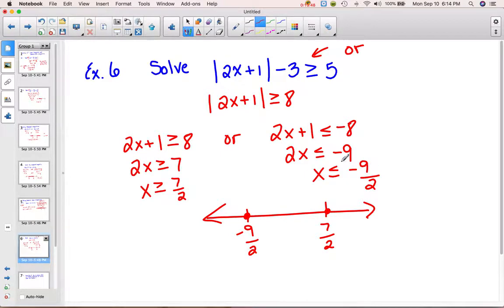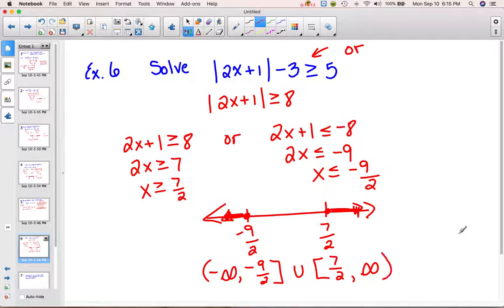And I need to be less than the negative 9/2 or greater than the positive 7/2, which means for interval notation, you're going to have to do 2 expressions here. So we have negative infinity to negative 9/2 bracket, union, bracket, 7/2 to infinity. That's interval notation.